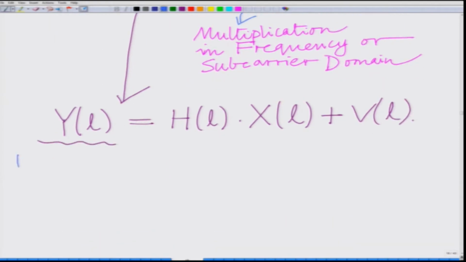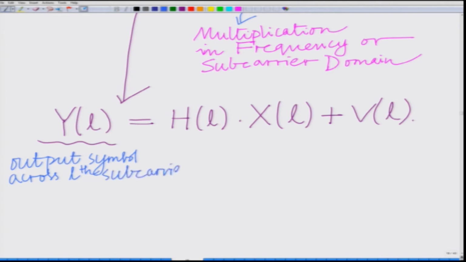Remember, this is your output symbol across the lth subcarrier. This is your channel coefficient for the lth subcarrier.